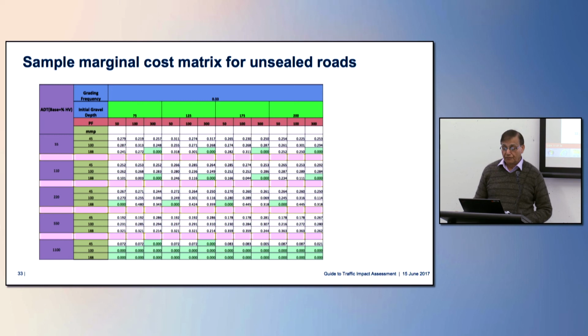Those costs are obtained based on this particular matrix, and when you add all the cost for all the segments, you get the total impact cost for a particular length of the road we are interested in. So that's a general model which is already developed and used.